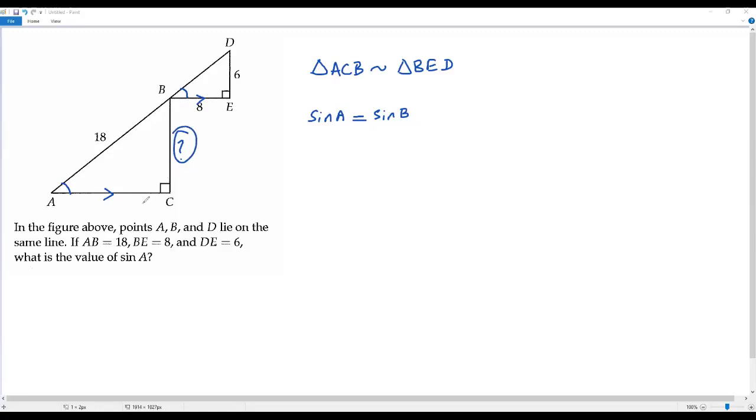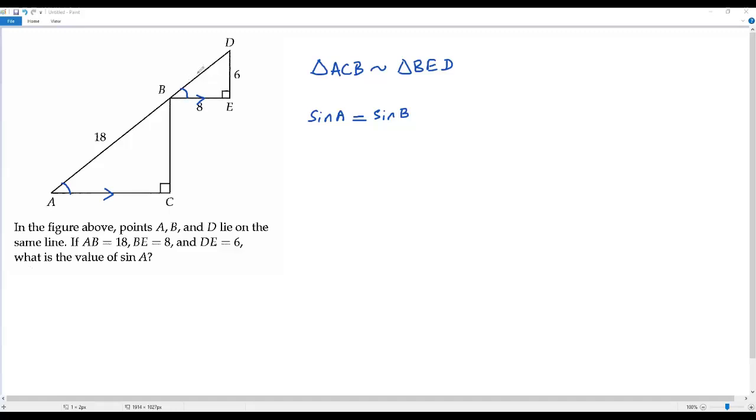The opposite side is unknown. So we know only the hypotenuse 18. But when I go to triangle BED over here, I know the lengths of two legs, 6 and 8. Using these two legs, I'll be able to get the hypotenuse BD. Once I get the hypotenuse BD, I'll be able to get the value of sine B in this triangle.